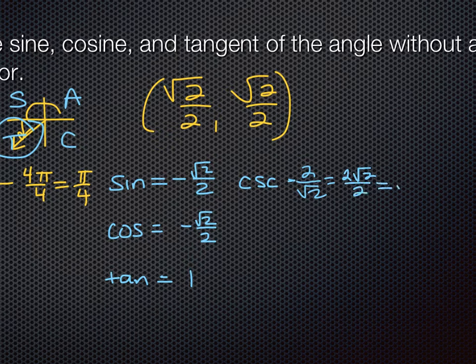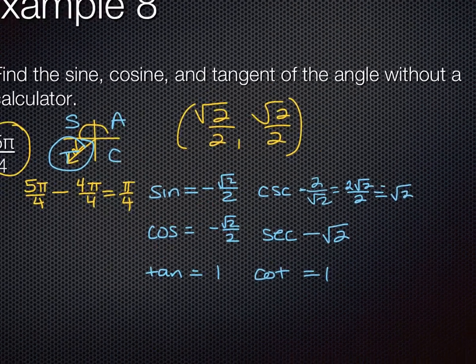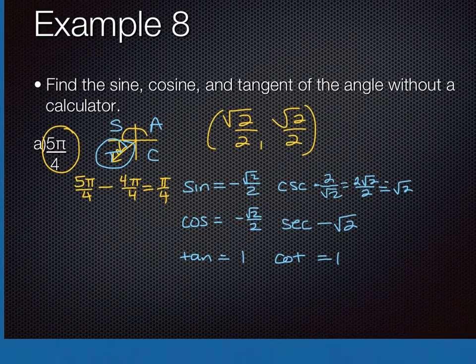Secant would be the same thing, negative root 2, and then cotangent, reciprocal of tangent, which is still 1. So you can use your actual angle on your unit circle, or you can use your reference angle, and then the all students take calculus to figure out your signs.